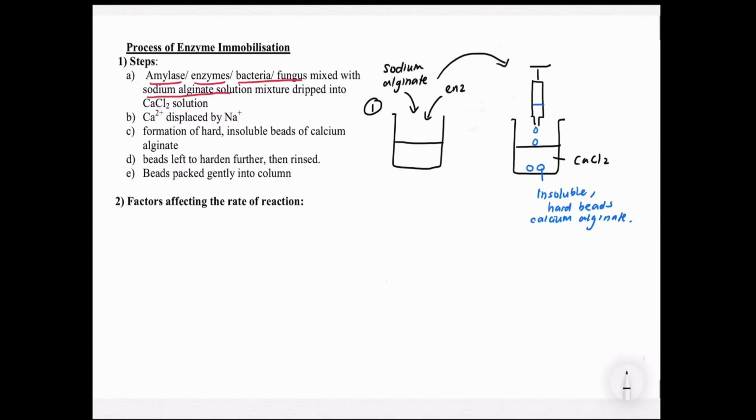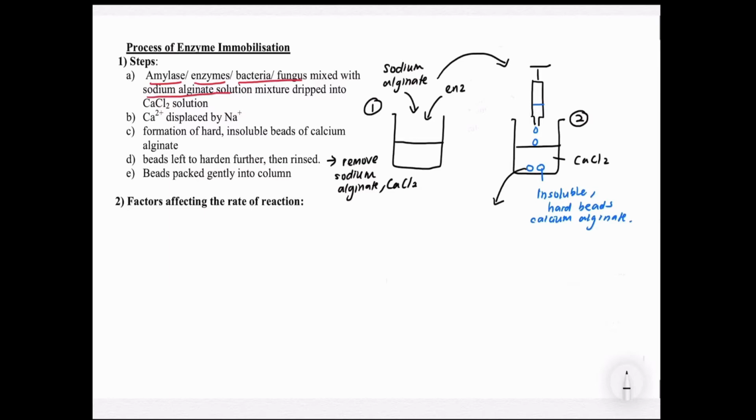After you're done preparing the beads, this is step 2. We are going to wash the beads, rinse them in order to remove all the solution that is stained on the surface of the beads, such as calcium chloride and sodium alginate.